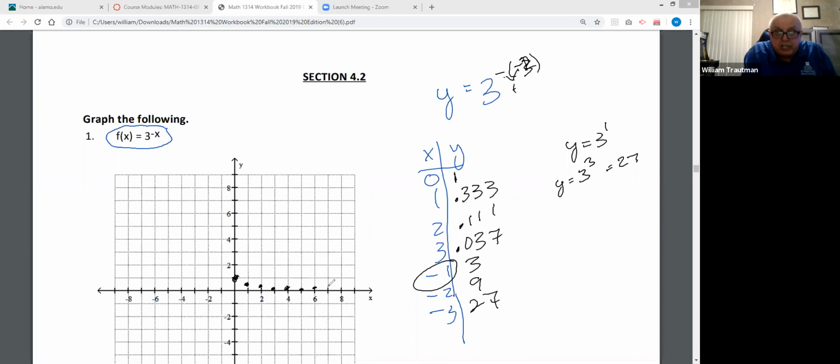You could actually look at it. I didn't put all these points in, but it gets closer and closer to the line. -1 equals 3. -2 equals 9. And -3 equals 27. So it's the same graph.